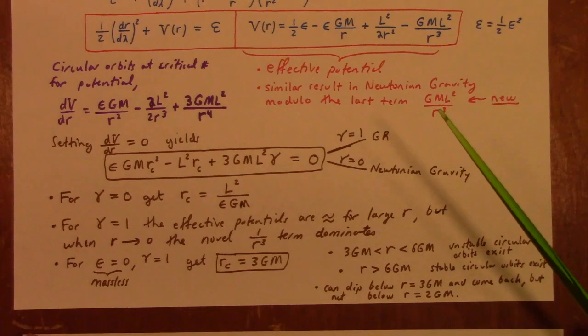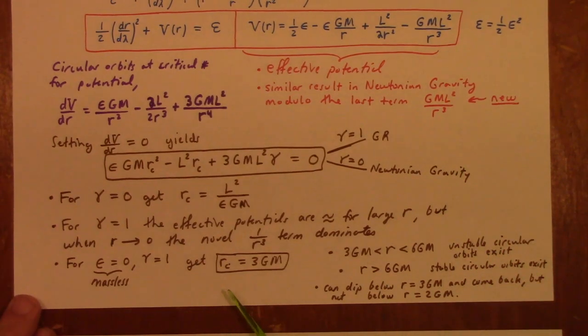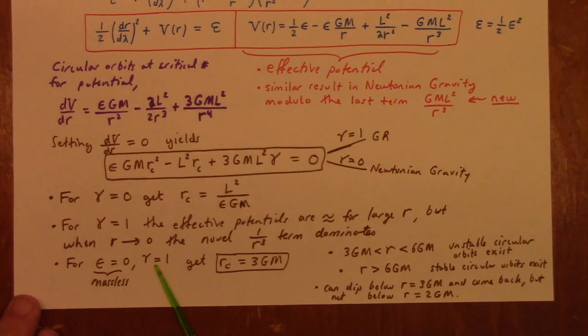And so, for epsilon equal to 0 and gamma equal to 1, in other words the relativistic case, you can get a circular orbit at 3 GM. So at 3 GM, you can get light to orbit this object in a circle, just going round and around.